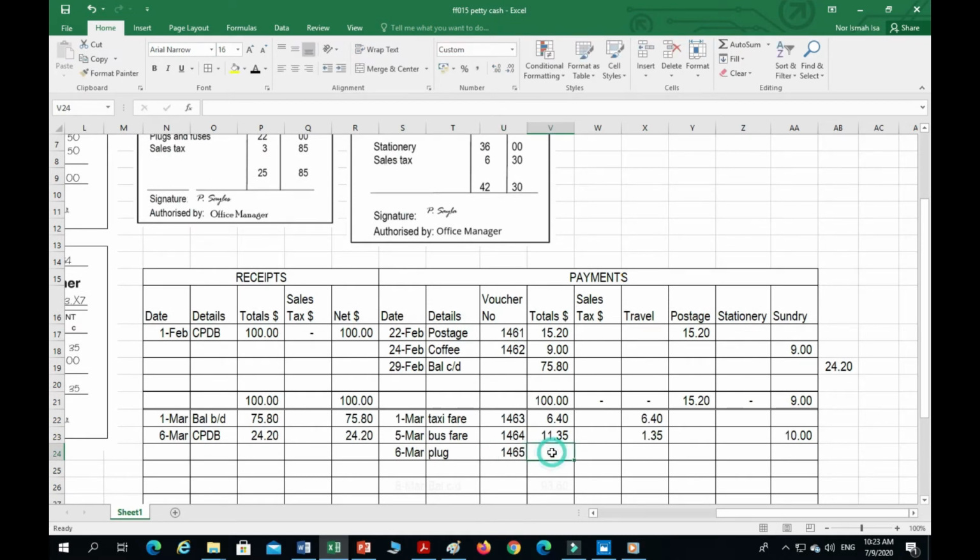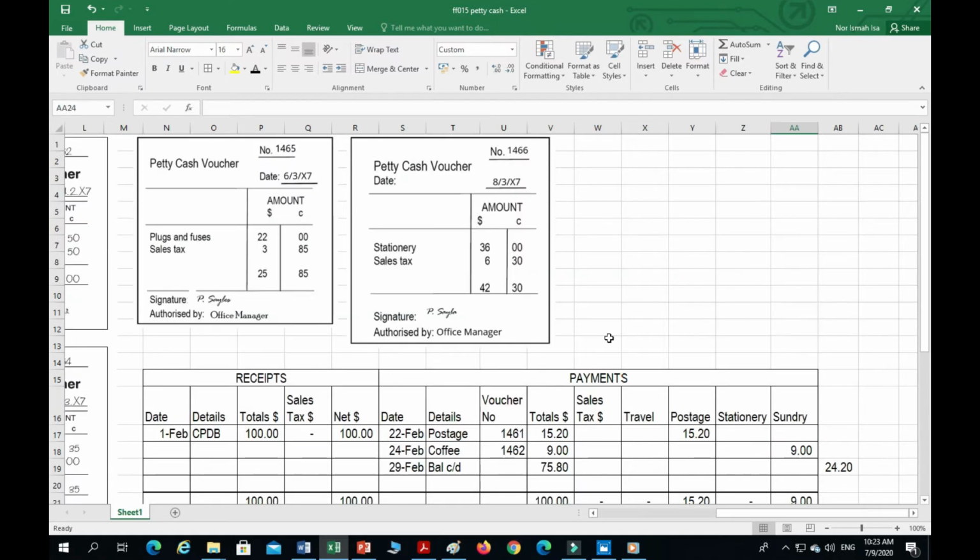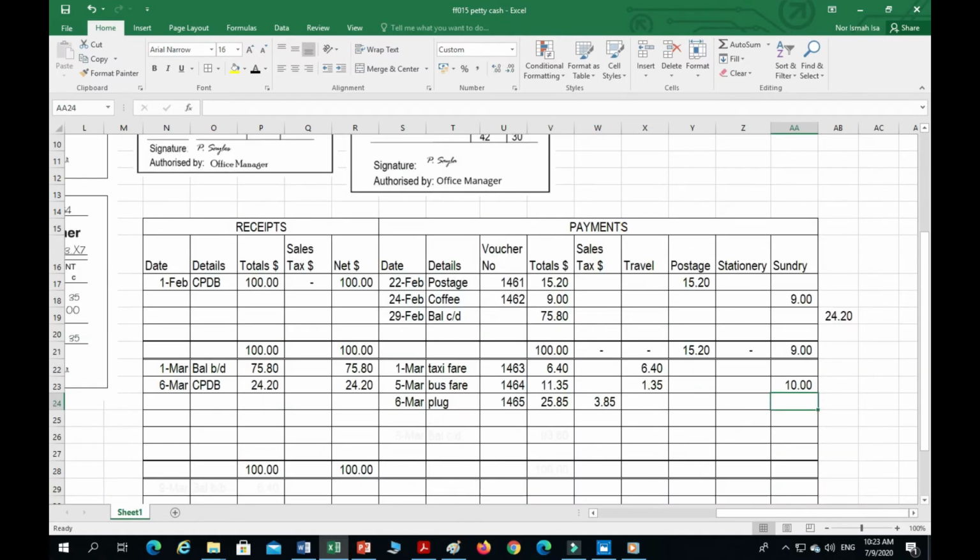The total amount is 25.85. And this payment is for two things. One is the sales tax, 3.85, and for the plug itself is 22, which is under the category of sundry.